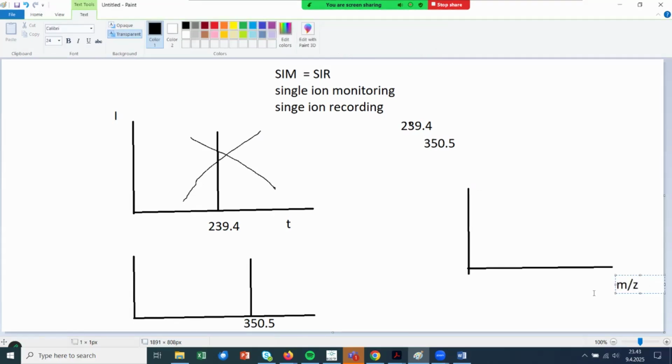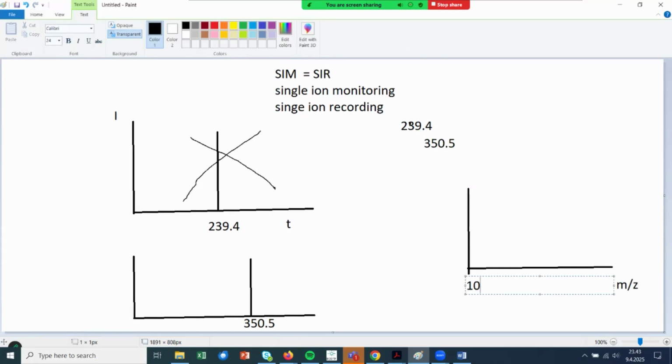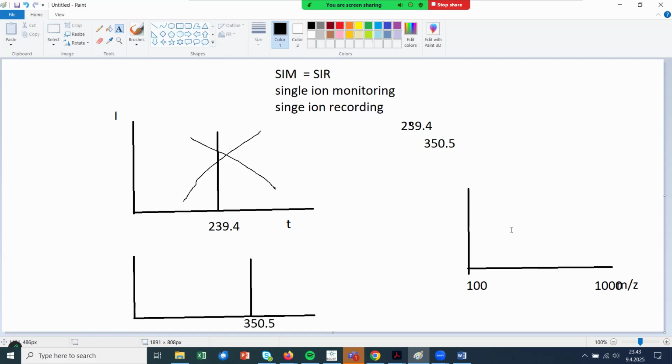So if we have, say, a mass spectrum, we could choose that we want to see all the ions from 100 to, let's say, 1000. From 100 to 1000. And if in our sample we have any of those masses anywhere in between 100 and 1000, then we would see those.